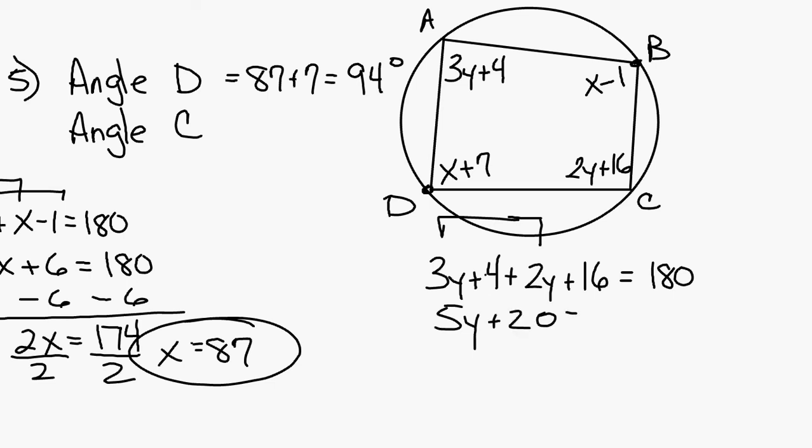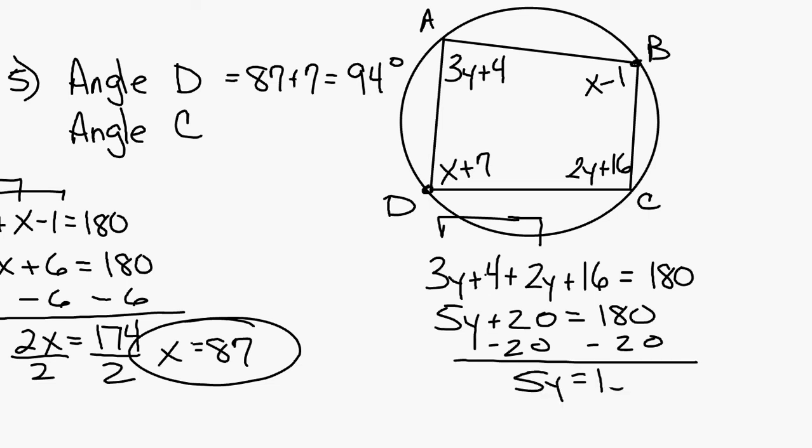So you can subtract 20 from each side. 5y equals 160, and you can divide by 5. So 160 divided by 5 is 32. So your y is equal to 32.